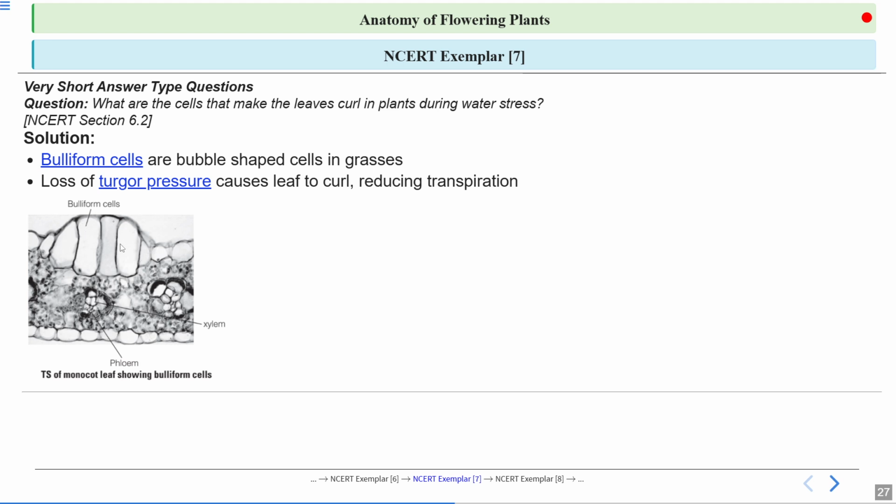These are the bulliform cells present at the epidermal surface, long elongated cells, right? When they get filled, they become turgid. The grasses have very erect leaves. But once they are flaccid, the leaves curl to reduce the rate of transpiration.